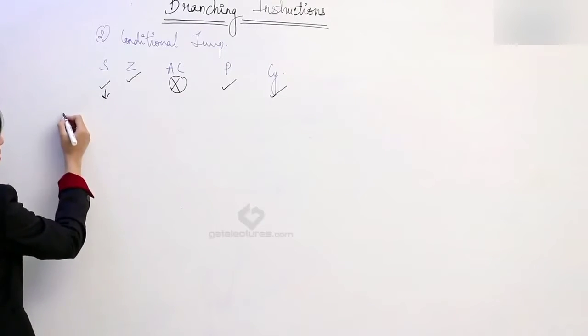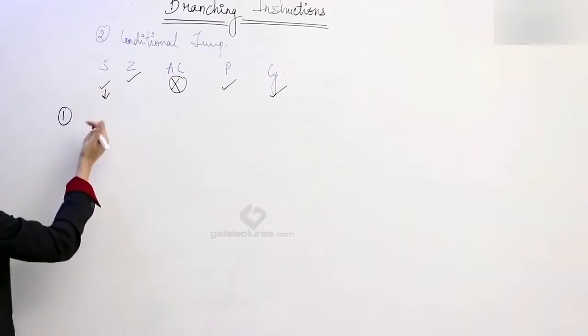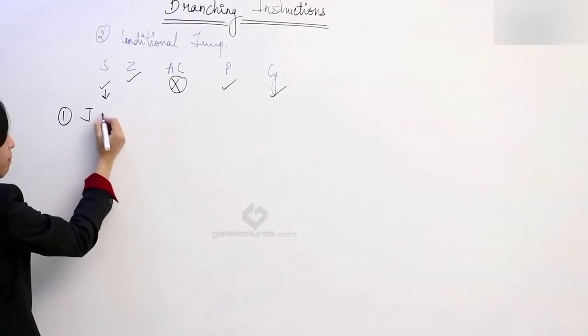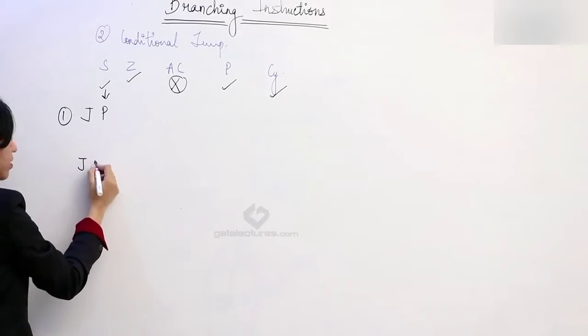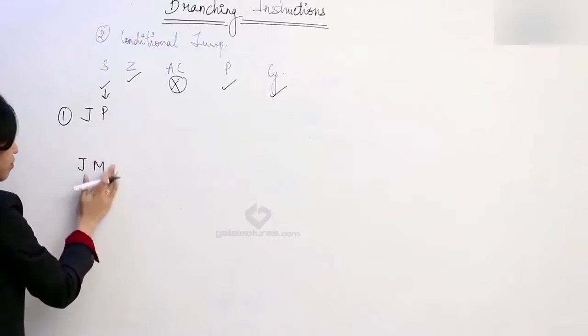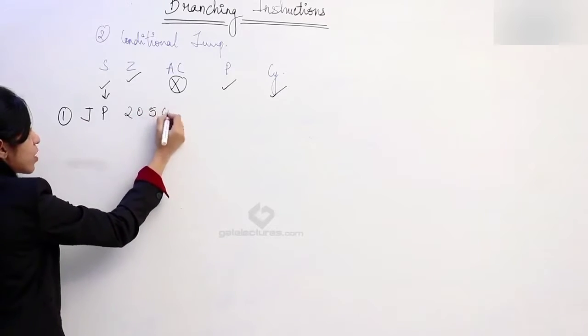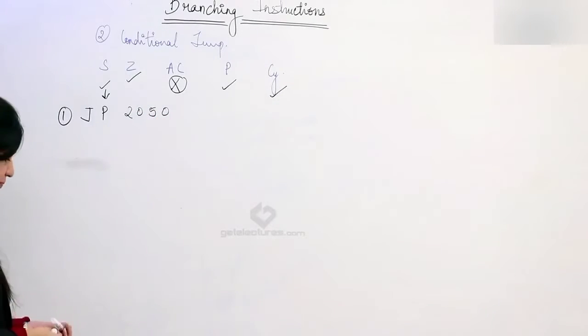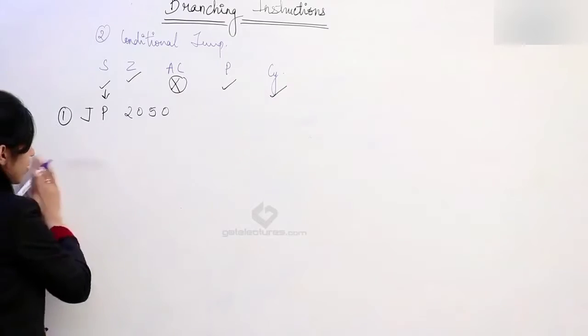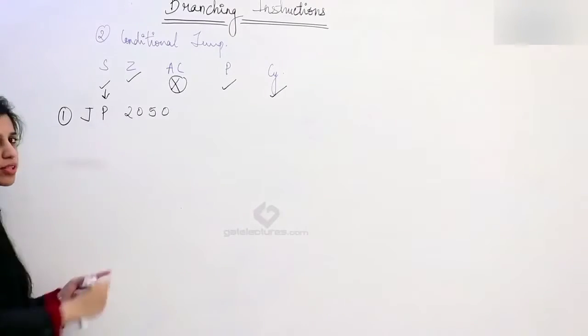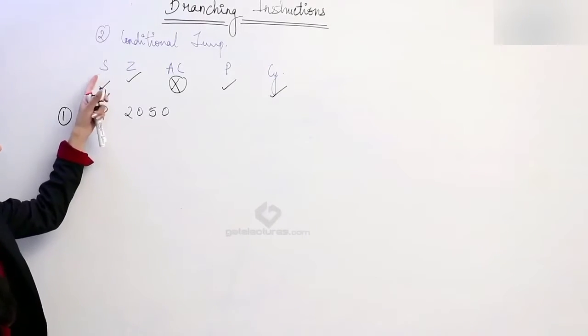For the sign flag we have 2 instructions, jump on plus and jump on minus. Let us look at jump on plus first. Suppose I give the instruction JP 2050. We are going to check the sign flag.